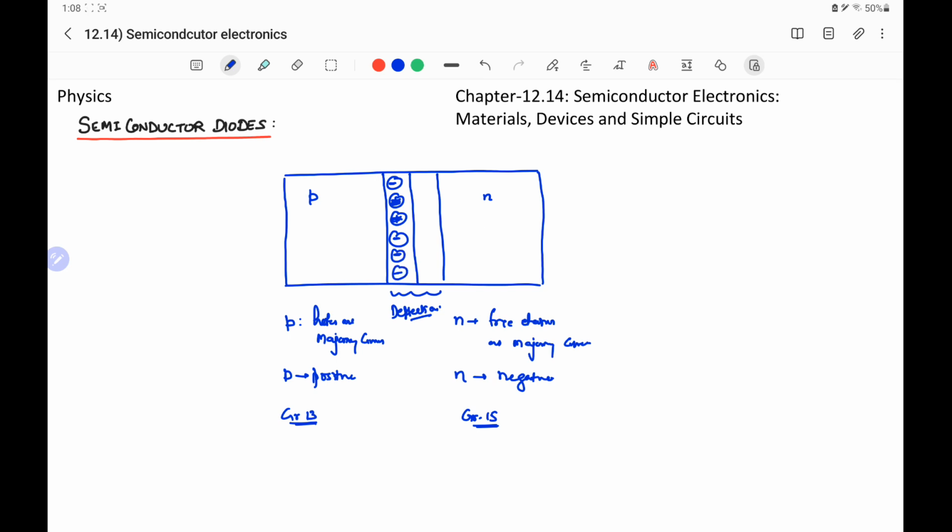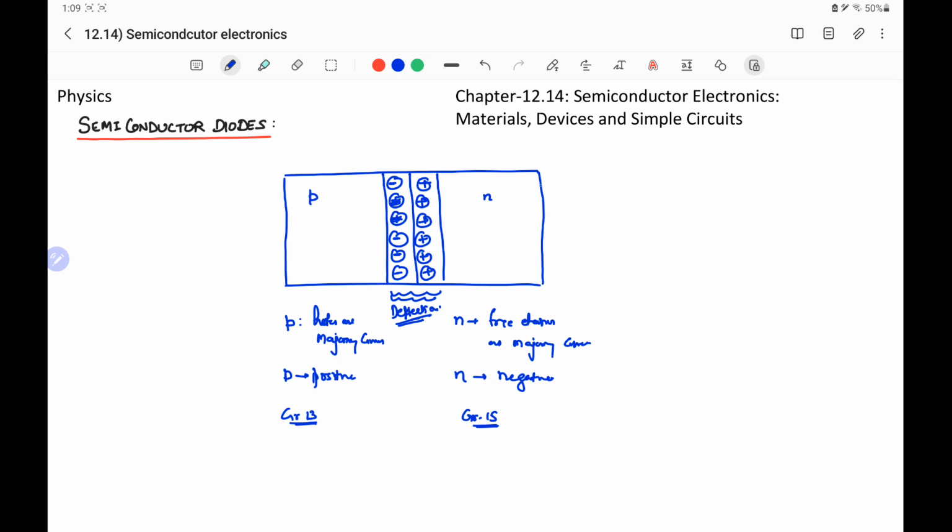Similarly, electrons are majority carriers in the N region, so due to the difference in concentration, these free electrons diffuse from N region to P region, leaving behind positive ions at the boundary of the two regions. This region which contains only the immobile ions is called the depletion region.